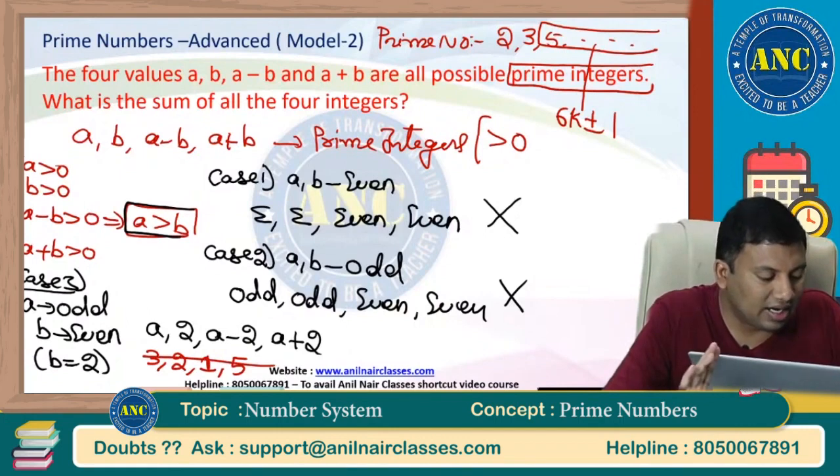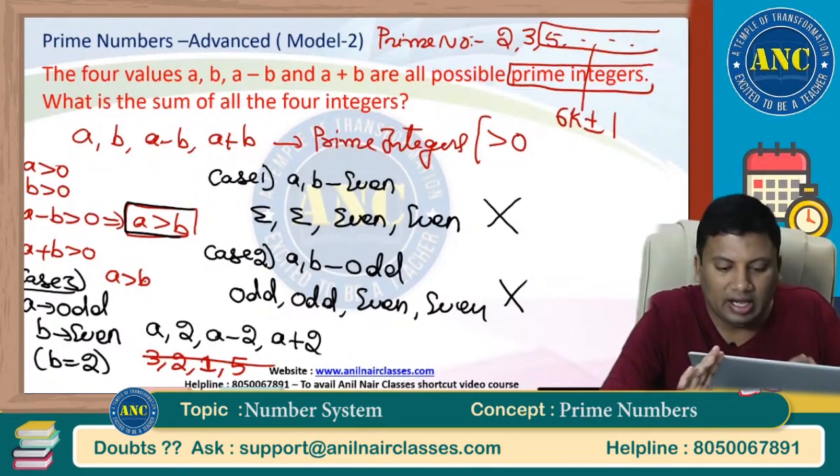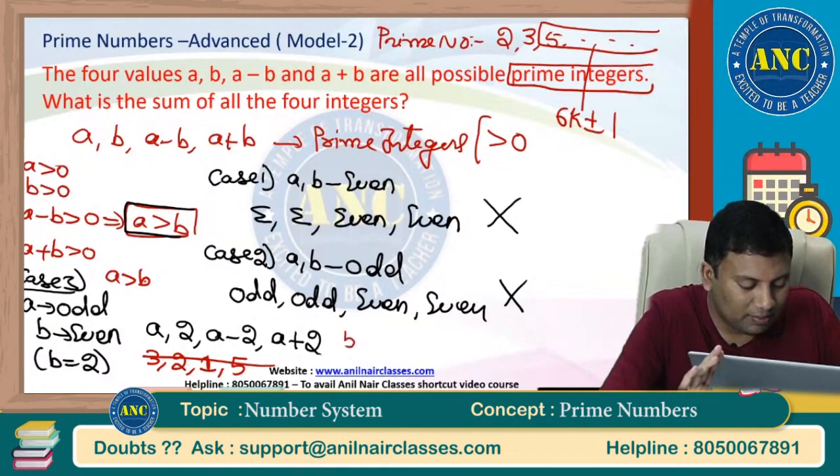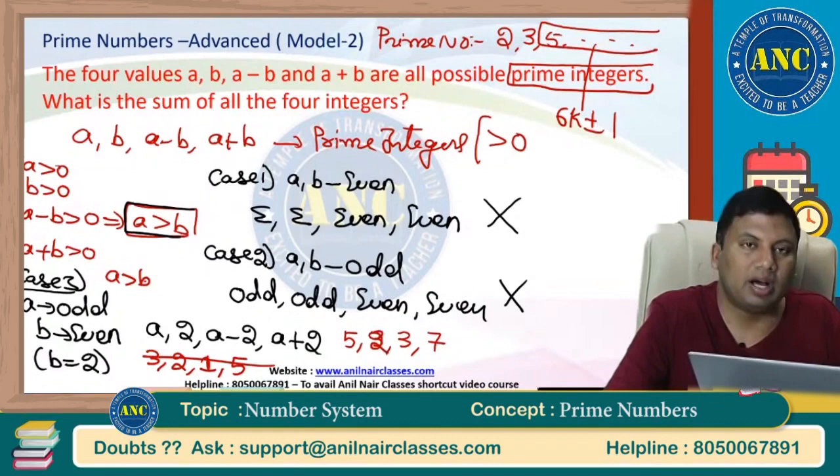Remember, after 2, the next immediate prime number is 3. Next is any prime number greater than 3, 6k plus or minus 1. Let me take 5. 5, 2, 5 minus 2 is 3, 5 plus 2 is 7. So 5, 2, 3, 7, a quadruple we got.